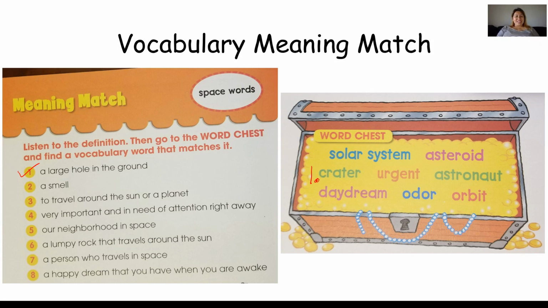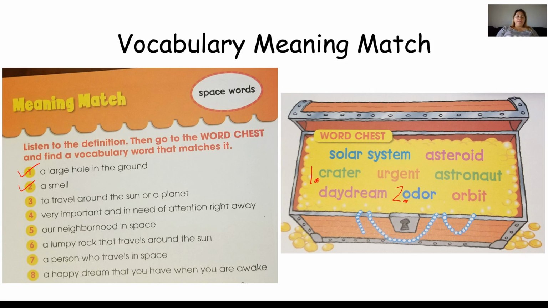All right, so let's go to number 2. Number 2 is a smell. Remember we talked about planet Venus, that it had a rotten egg smell. What was that vocabulary word that we learned? Yes, odor. Odor is a bad smell.